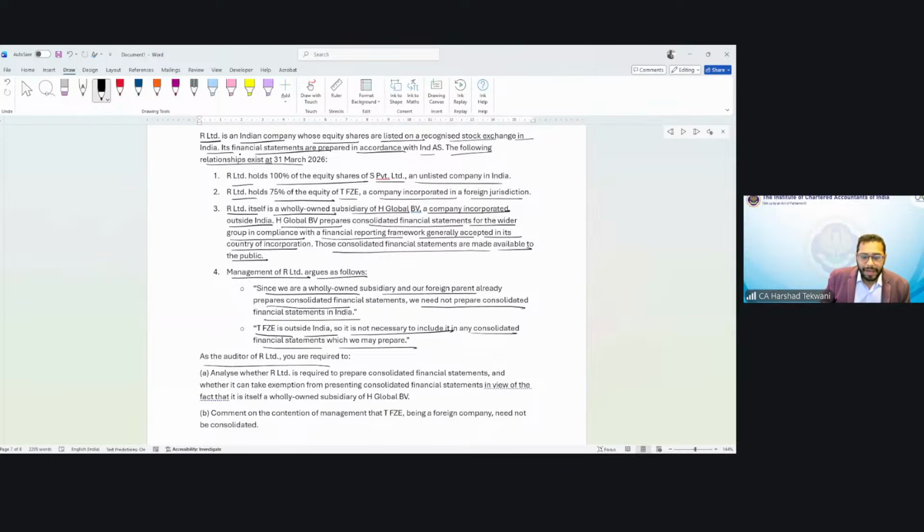As the auditor of R Limited, you are required to analyze whether R Limited is required to prepare consolidated FS, and comment on the contention of management that TFZE is a foreign company and need not be consolidated. So, two things that you need to report about.